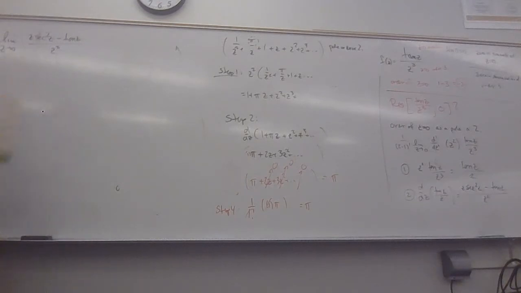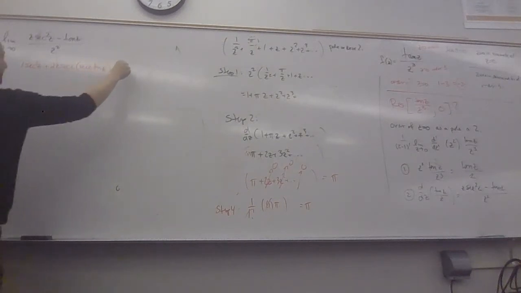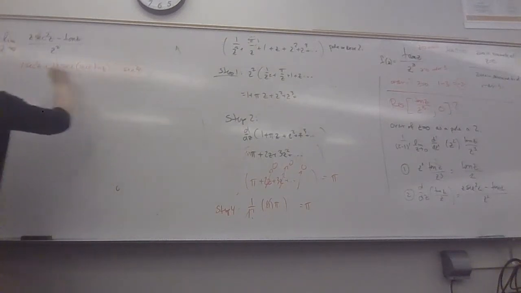So you take the derivative of the top, which is 1 times secant squared z plus 2z secant z times the secant of z times the tangent of z minus the secant squared of z, all divided by 2z.